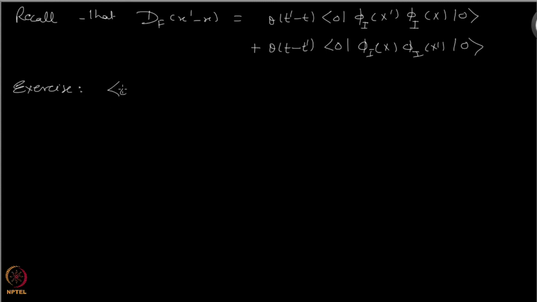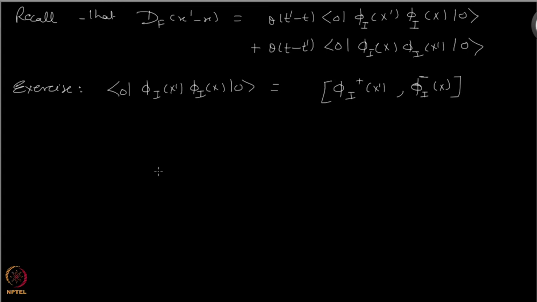If you take this, you just get the commutator of phi_I plus (x') with phi_I minus (x).